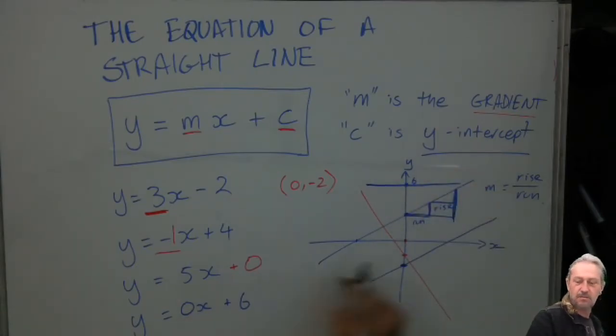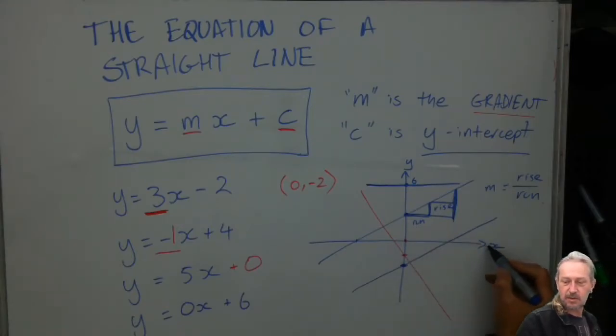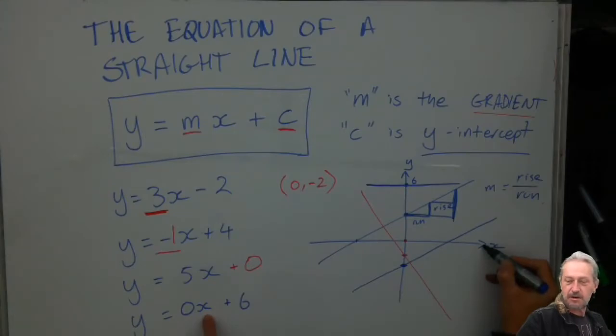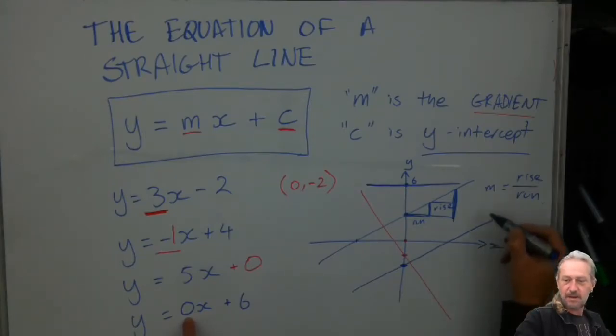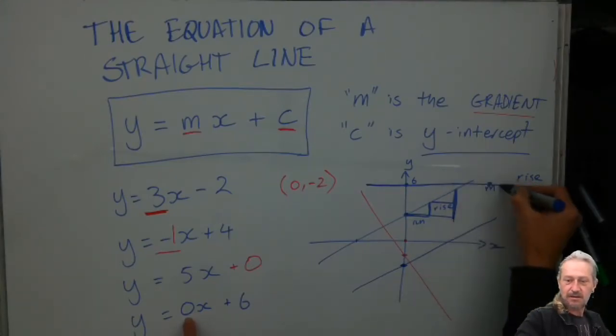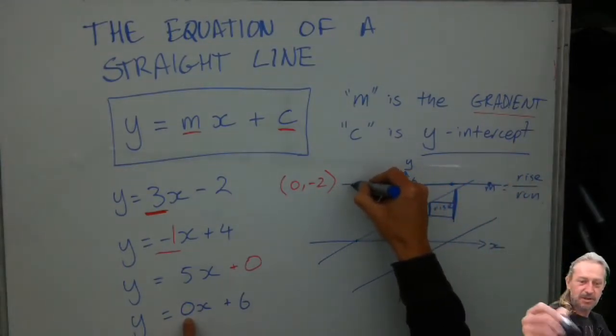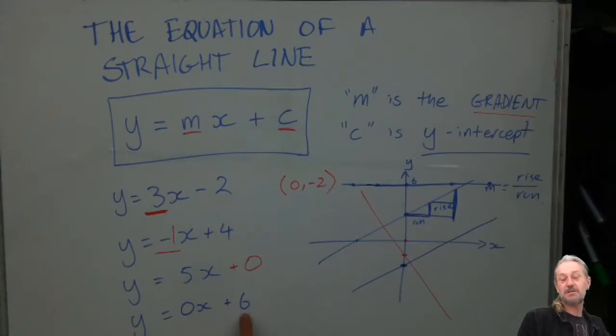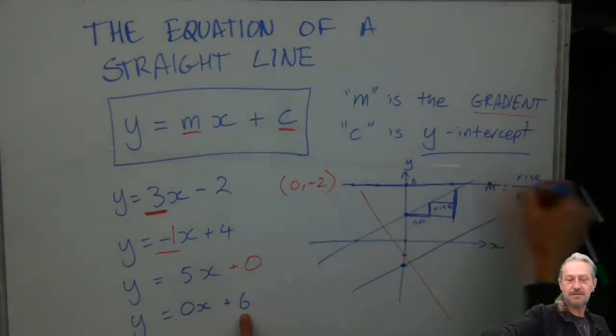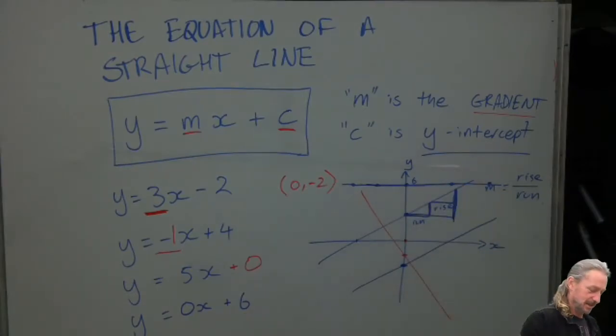It doesn't matter what value of x we come to, we multiply it by 0, it becomes 0, and then we add 6. So every possible value of x is going to take us to that straight line that cuts through the axes at 6.